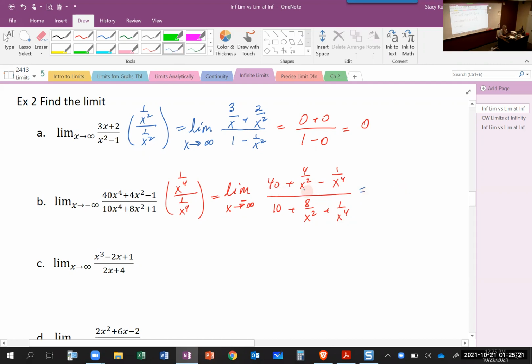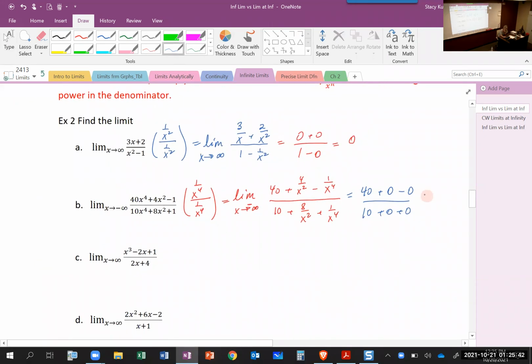So in the numerator, the limit of a constant is a constant. Plus 4 over x squared is going to be 0. Minus 1 over x to the 4th would be 0. 0 divided by 10 plus 0 plus 0, or in other words, 4. Okay?